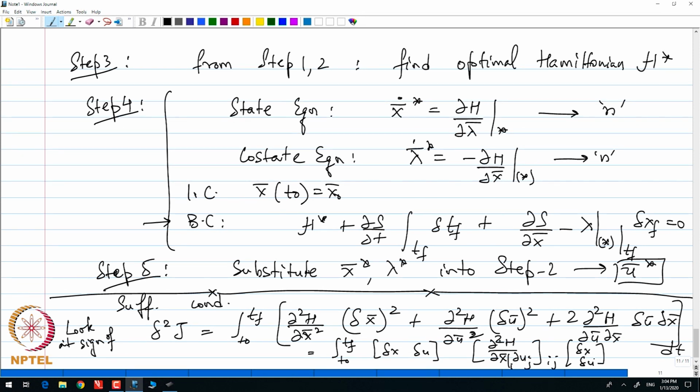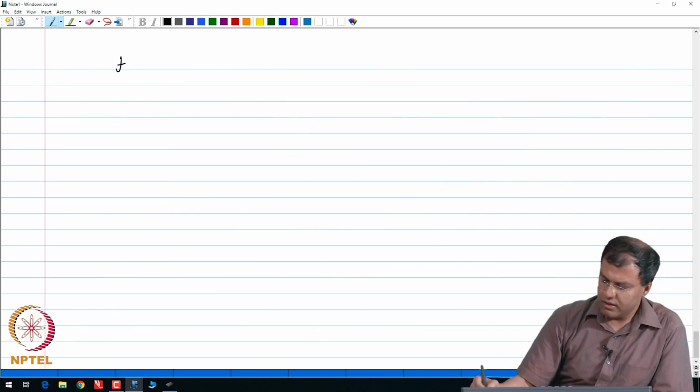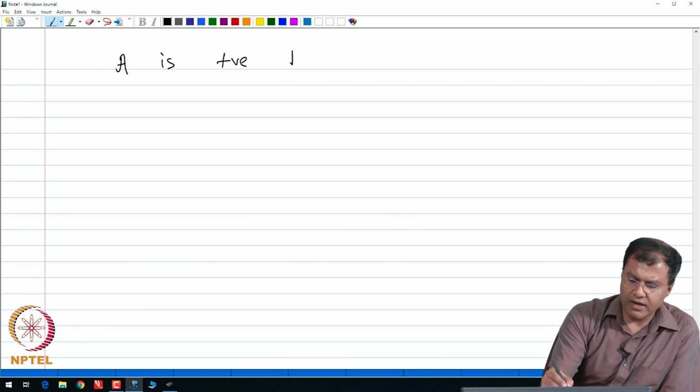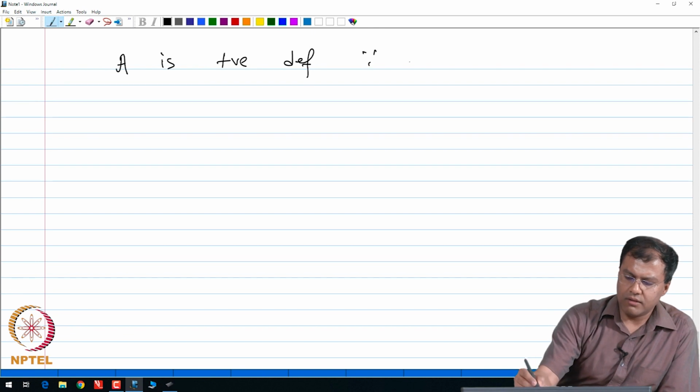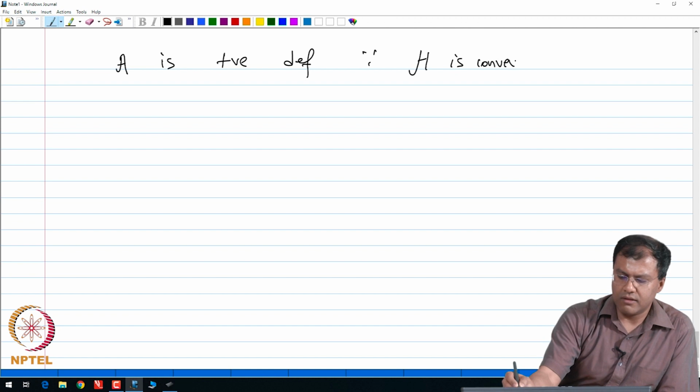I have written the above expression in a more compact notation, and all we need to make sure is that this Hessian matrix, let me call it matrix A, is positive definite, which is certainly the case. So, A is positive definite because our function H is convex.